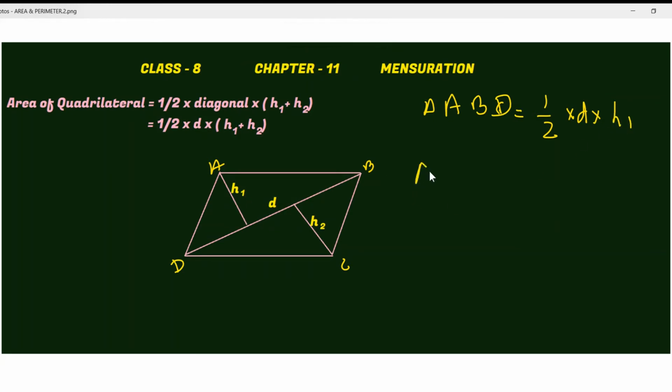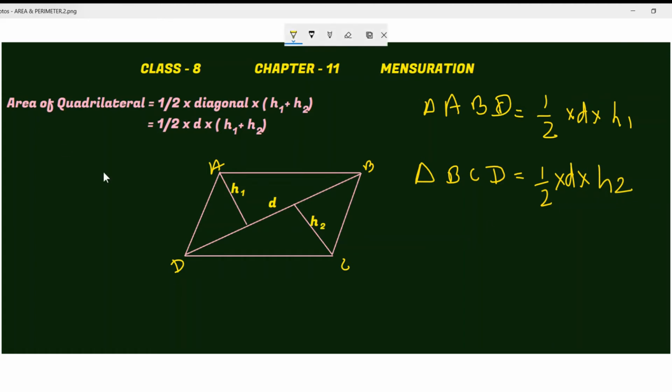Now we are going to find out the area of triangle BCD. In BCD, half into diagonal, which is the same, and H2, this is the height.